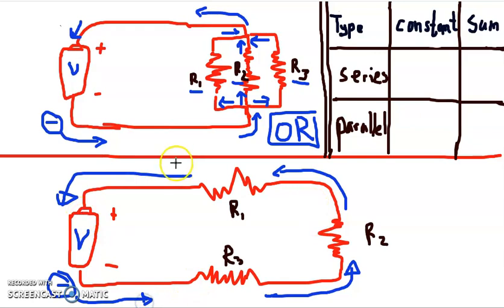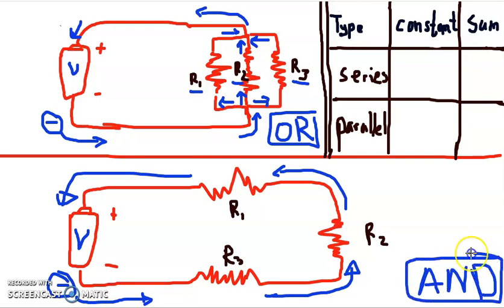So what has happened? It had to go through every single resistor. It didn't have a choice. As we mentioned, this is like an AND gate logically or computationally, where you have resistance 1 and 2 and 3 all working in the same circuit to resist the current together.